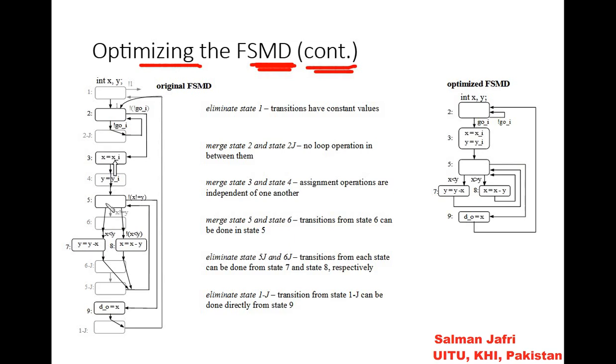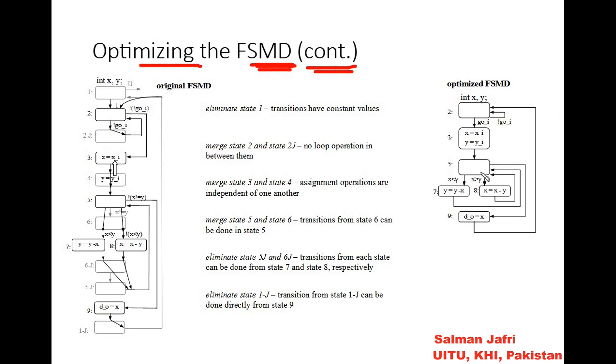So if state 5 is false, what do we do? We go to state 9. So from state 5 directly we go to state 9. And now since state 1 has been eliminated, we also eliminate state 1j. So if 5 is false, we move to state 9, display the output, and from state 9 we directly move again to state 2.